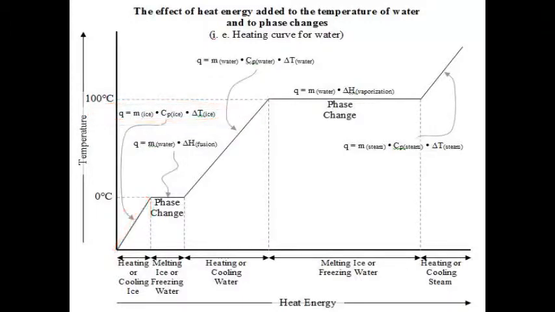The graph itself shows a simplified look. In fact, if you actually did this, you'd have a curve right here and a curve right here instead of a straight corner. But mathematically that's how it works out. So please pay close attention. This is very important. This is called a heating curve for water.